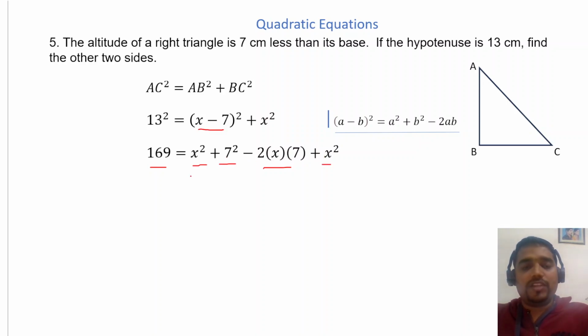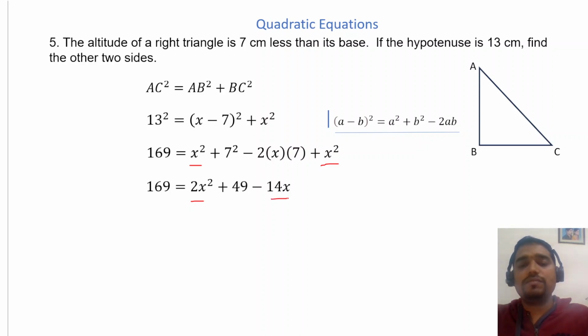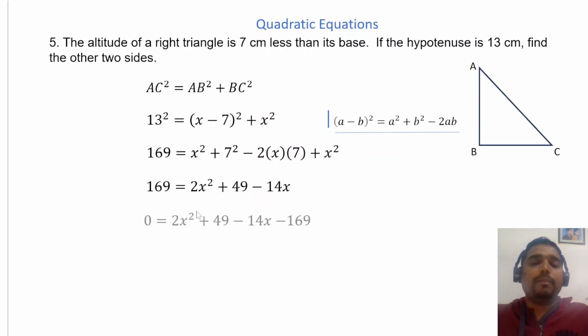Now upon simplification, LHS would remain as it is, 169, whereas there are two x square terms, so this would be 2x square plus 7 square, which is 49, minus 2 sevens are 14, which is 14x. Now in order to simplify, let us transpose the term of LHS, that is 169 with plus sign, towards the RHS, which would become minus 169.